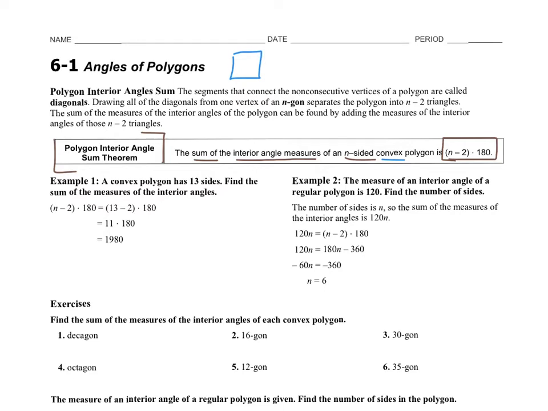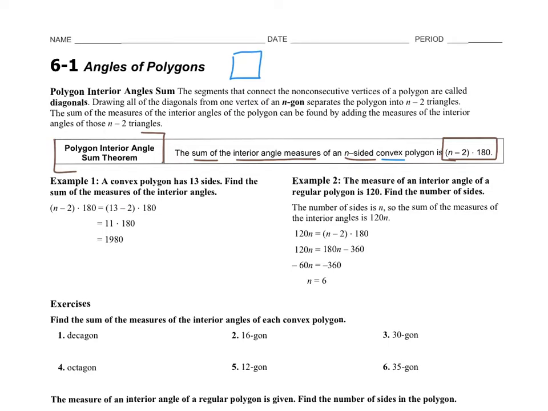But I can also draw a four-sided shape where we have an internal point, something like that. That internal point makes this a concave polygon. This rule here, our polygon interior angle sum theorem, will not work for concave shapes, only for proper convex shapes.